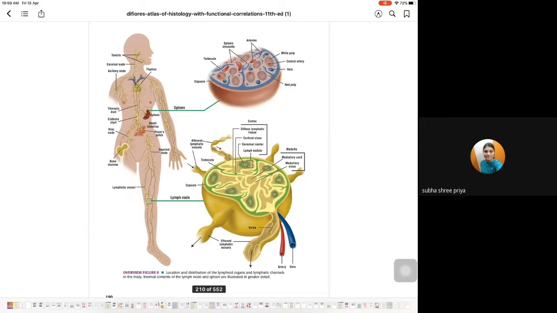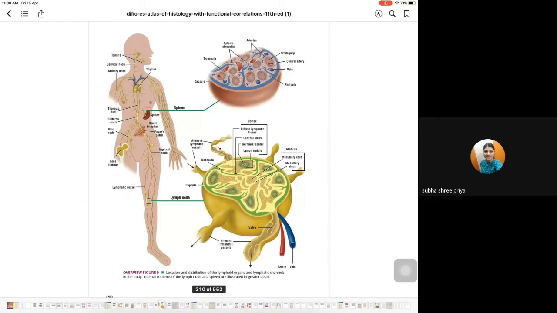First, we are seeing tonsils, cervical node, axillary nodes, thymus, thoracic duct, cisterna chyli, iliac nodes, bone marrow, lymphatic vessels, inguinal nodes, Peyer's patch, small intestine, spleen, white pulp, red pulp, a central artery, splenic vein, splenic sinusoids, arteries, some trabeculae, and finally covered by capsule.